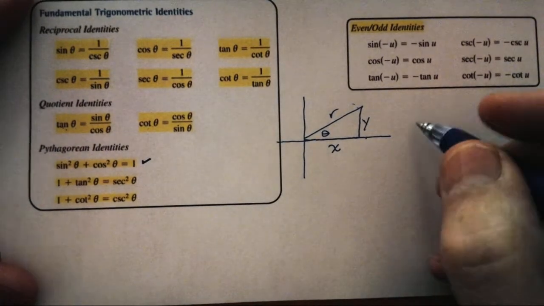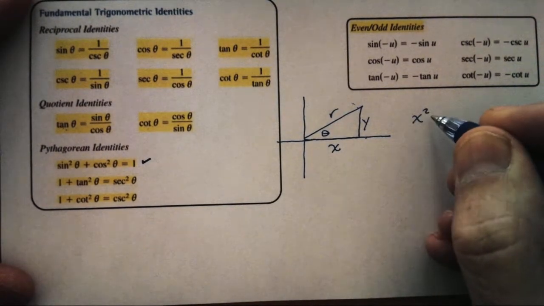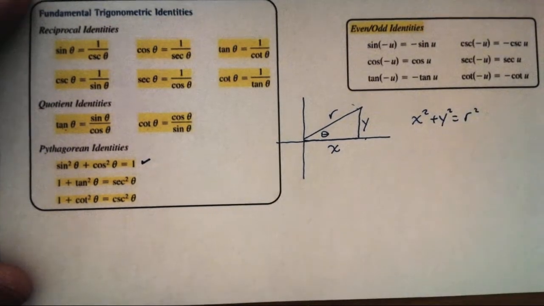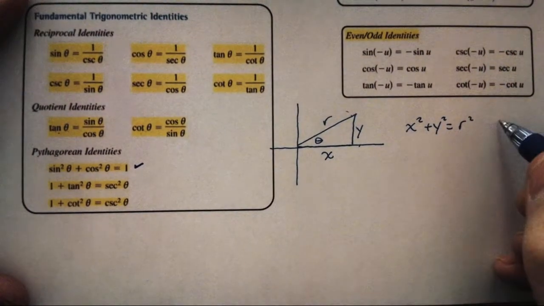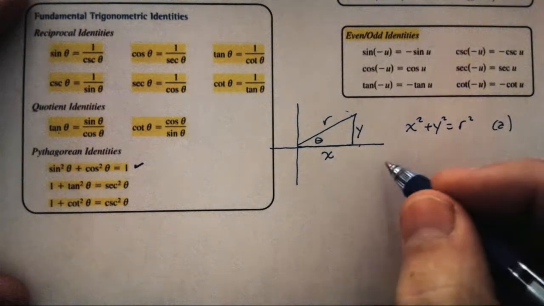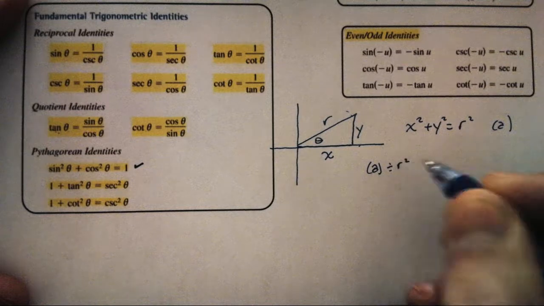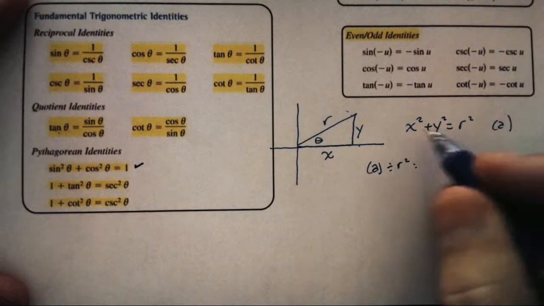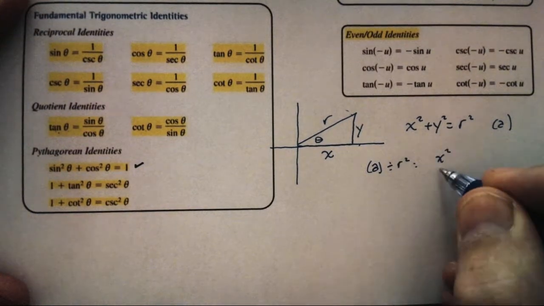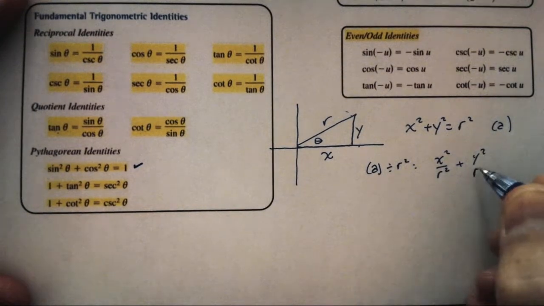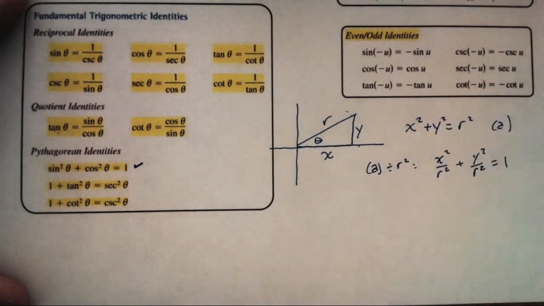The Pythagorean relation we know is x squared plus y squared is r squared. If we call this equation A and divide both sides by r squared, we get x squared on r squared plus y squared on r squared equals 1.